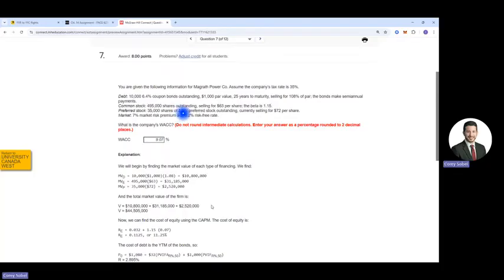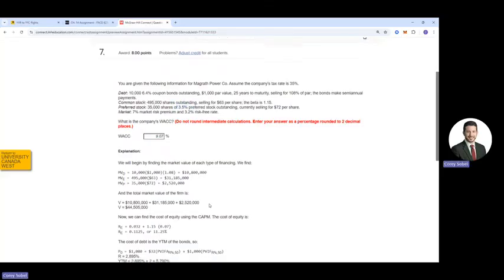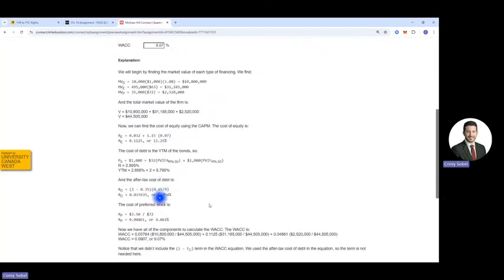We know we have 35,000 shares of 3.5% preferred stock. I would have just said a $3.50 dividend. Okay, so let's just assume this said $3.50 dividend. If it just told you the percent, you can just take that percentage as 3.50. But I would have told you that's a $3.50 dividend. Okay, so 3.5 divided by $72. That's going to give me my cost of preferred stock, which is 4.861%.